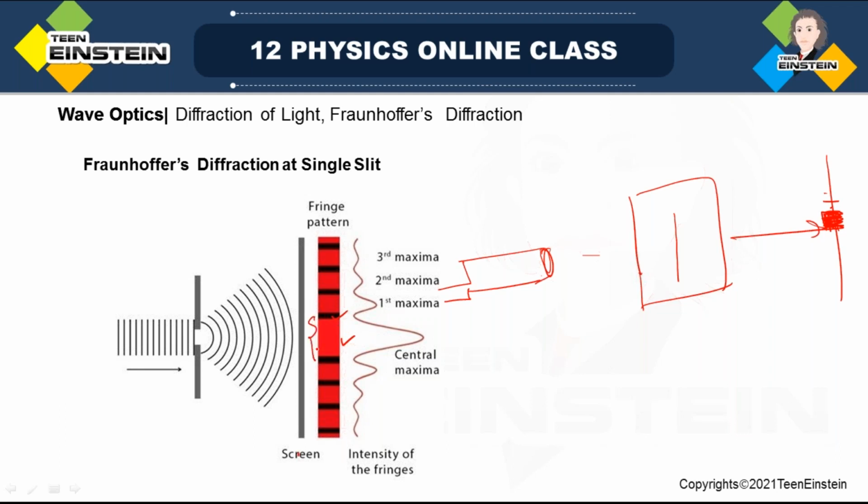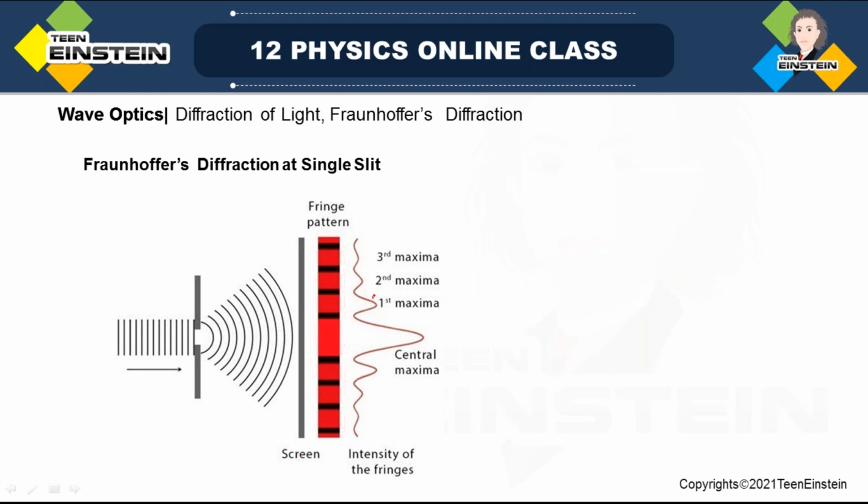But this central patch is so wide. The other bright patches have lesser width, decreasing continuously.